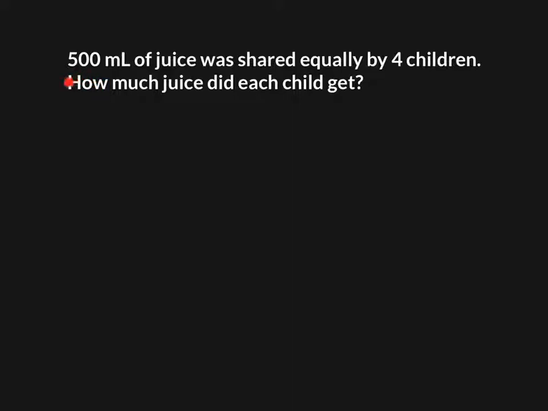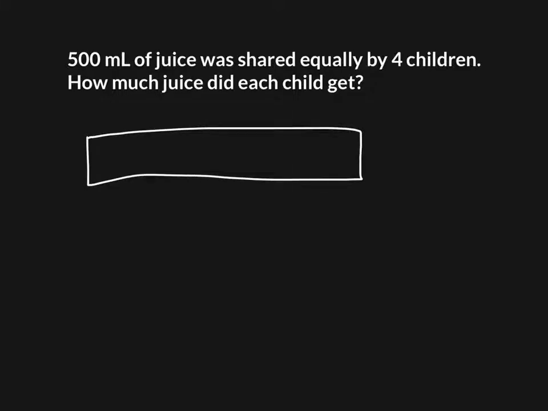This story problem reads 500 milliliters of juice was shared equally by 4 children. How much juice did each child get? Again, to solve this problem, I can start by drawing my tape diagram. I know that the total amount of juice was 500 milliliters. Now, do I know how many groups there are or the amount in each group?